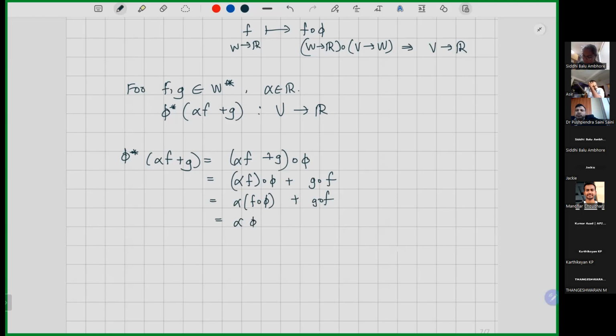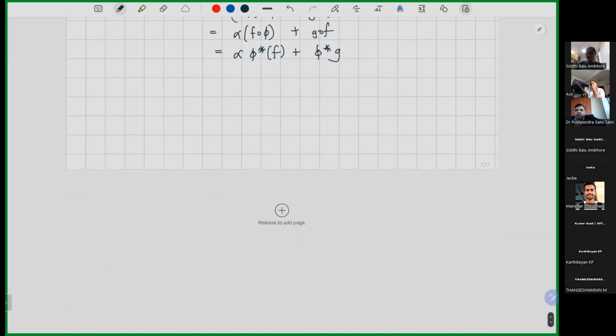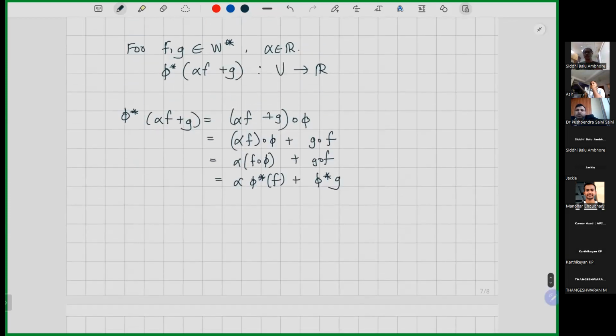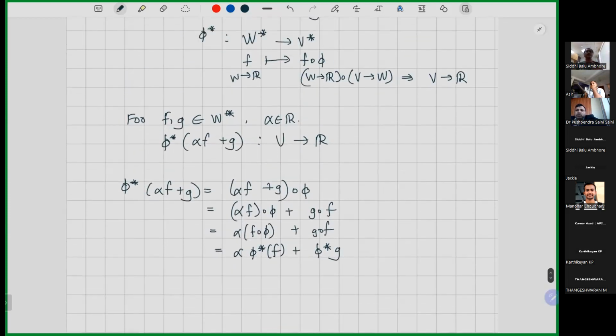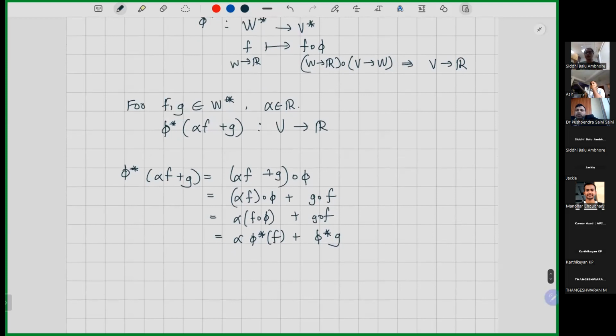By definition, this is alpha phi star of F plus phi star of G. So this phi star is a linear transformation, and that's why we are okay. So this is a linear transformation from W star to V star.